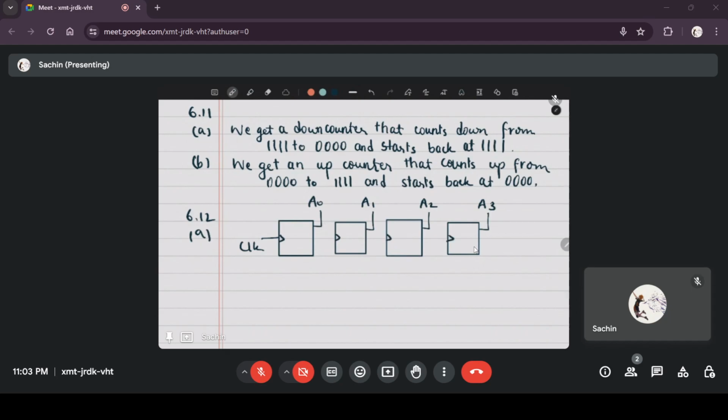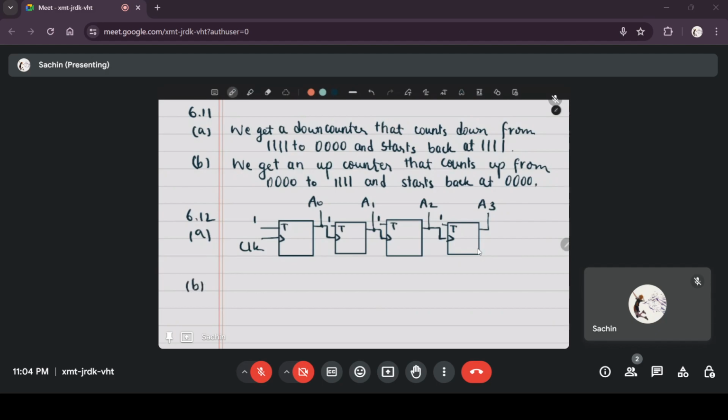If you want to get a down counter, then you connect the normal outputs, as we saw in the previous question, to the clock terminal. And that will give you a down counter. All these are connected to one, they're toggle flip-flops.